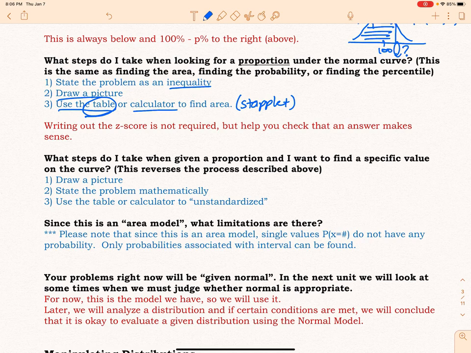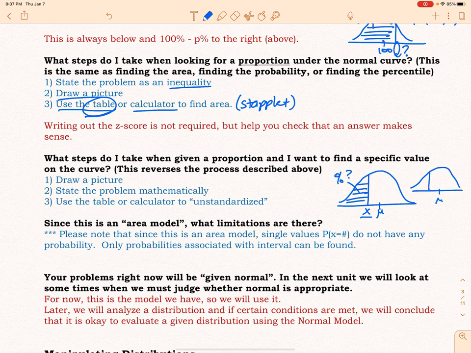All right, so what steps do I take when given a proportion and I want to find a specific value on the curve? In other words, I'm not finding an area. The way these problems can be given to you, I can either give you the x and ask you for the percent, or I can give you the percent and ask you for the x value.